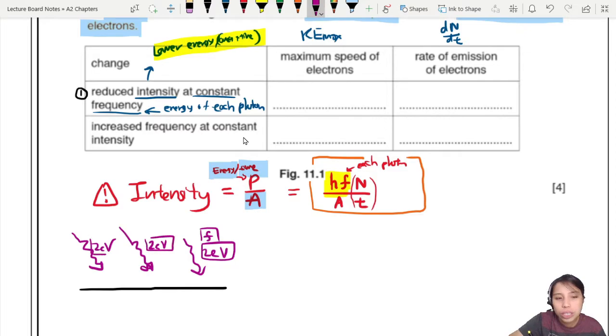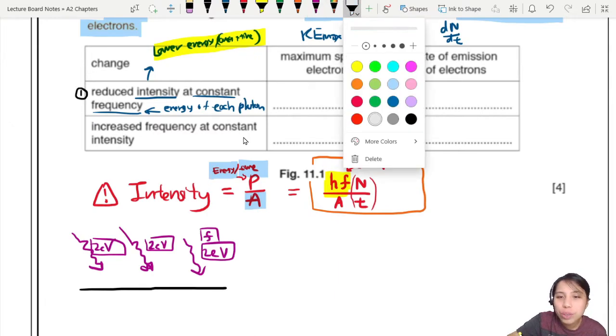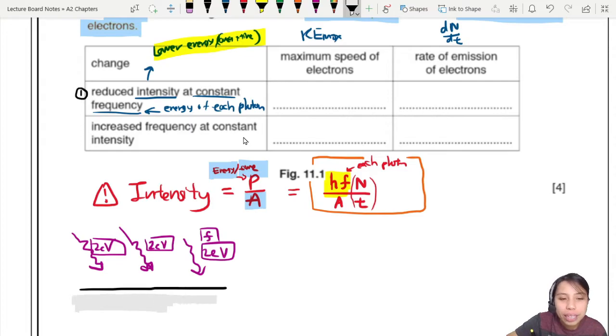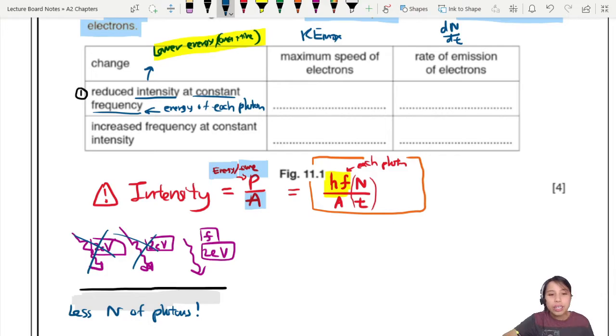All locked already, cannot change. But your total energy has to reduce, because reduced intensity means reduced total energy. So the only thing that can happen here is there should be fewer photons. Maybe this one doesn't have, this one doesn't have. So fewer photons coming in.